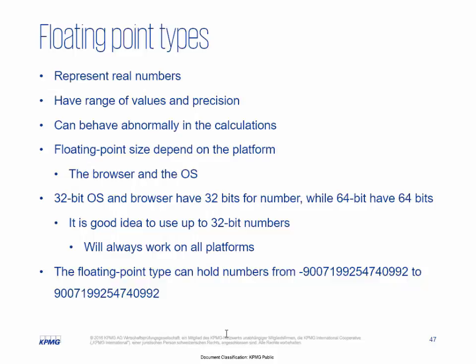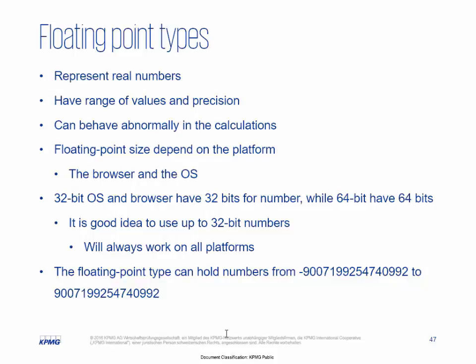But again, floating point types are the ones with the dot, the decimal point numbers. And they can behave very badly. They depend on the implementation, on the memory allocation, on the OS, on the browser context, and they can behave differently in different contexts, and badly, depending on what you try to do with them.